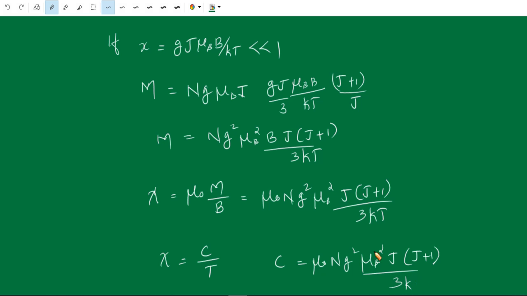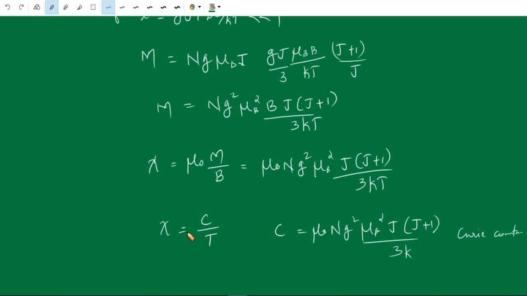Okay, so this is called the Curie constant, and this expression is called Curie's law. So this is the quantum theory of paramagnetic susceptibility. So we have derived the magnetization for single electron atoms as well as atoms with more number of electrons.